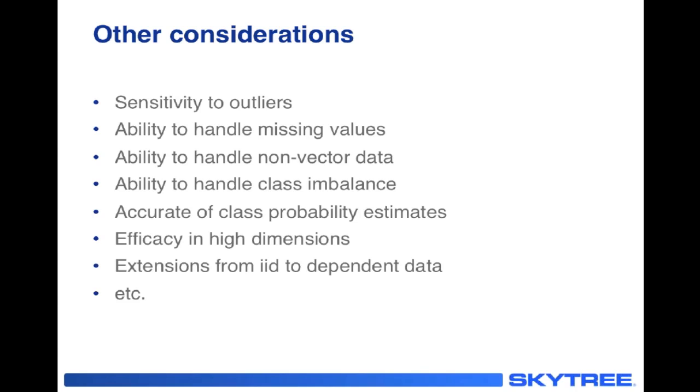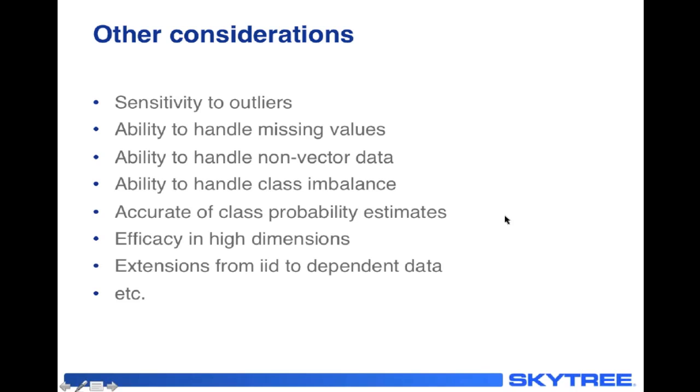Sensitivity to outliers. Some machine learning methods are more sensitive to outliers than others. If you happen to have those, that can be a big consideration. The ability to handle missing values. That means in your data table, some of the entries will be question marks. You just don't know what the answer is. Like somebody may not have entered their zip code, just a question mark.